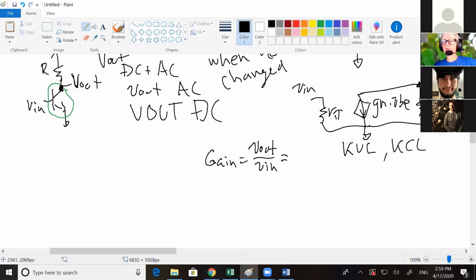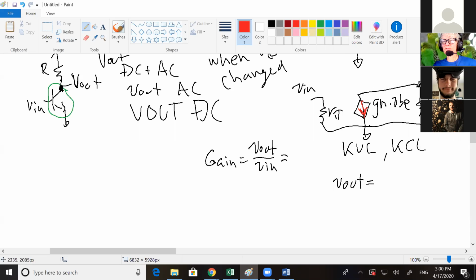Assume V out's an open circuit. What's an equation for V out? Since we only have 1 minute left, I'll go through it quickly. This current is defined as positive in this direction, going down.